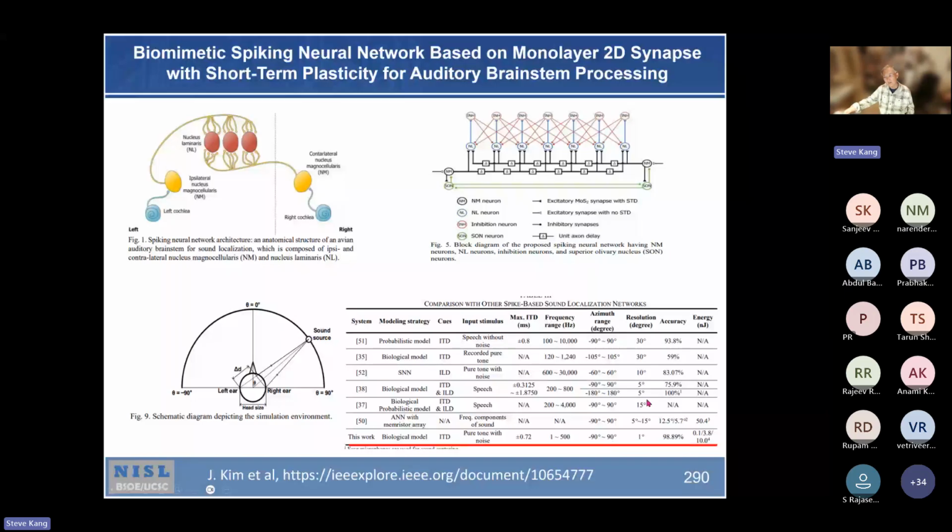Resolution is 1 degree. It's very good compared to the other earlier works: 30 degree resolution, 10 degree, 5 degree best. But this was 1 degree resolution. Accuracy was almost 99%. Energy is very small, 0.1 nanojoule type of thing. So that was a very exciting work using memristors.